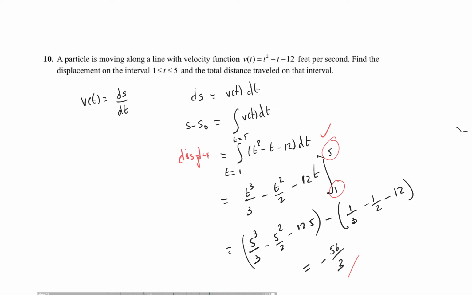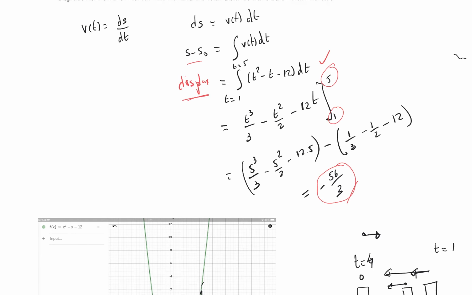What does minus 56 divided by 3 mean? It means that the displacement, s minus s0, from the initial position, has moved to the left, an amount of 56 divided by 3, but to the left. What does that mean? This is the area below the curve.